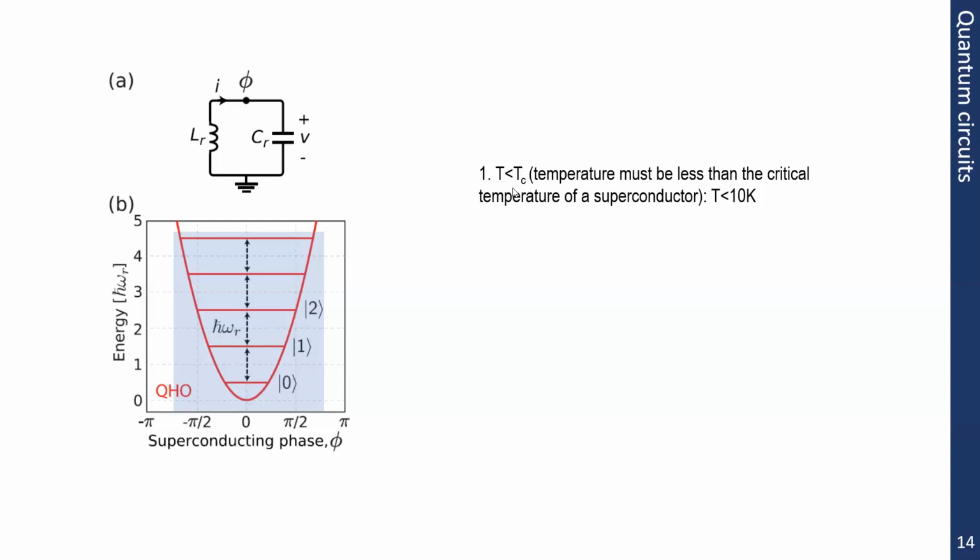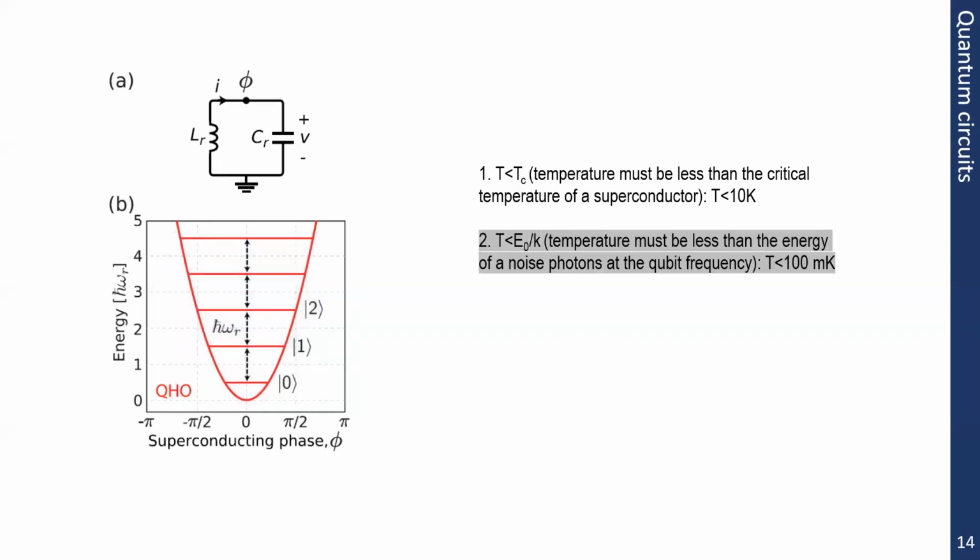We said that cooling the system down below 10 Kelvin, for example, for aluminum it is 1.2 Kelvin, where the metal transitions to the superconducting state, leads to a dramatic reduction of dissipation in the system. So the system becomes much more efficient, and more useful for quantum.